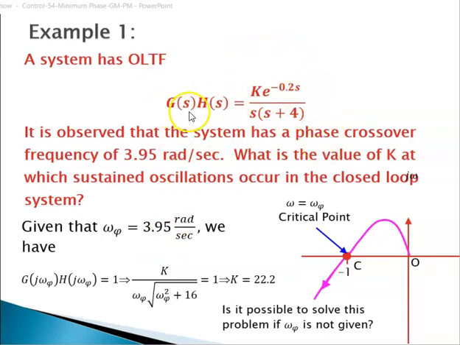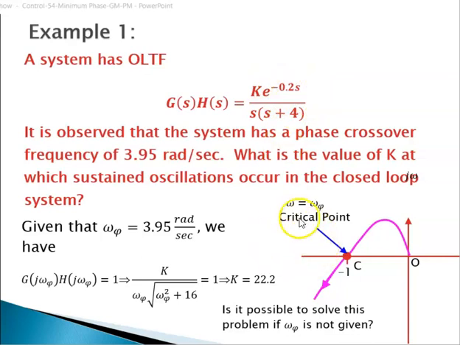Like in all frequency response problems, you say s equals jω. So G(jω)H(jω) is K e^(-0.2jω) divided by jω(jω+4). Notice that the exponential term doesn't contribute anything to the gain, because e^(jθ) is cos θ plus j sin θ. Its magnitude is 1, since cos²θ plus sin²θ is equal to 1.